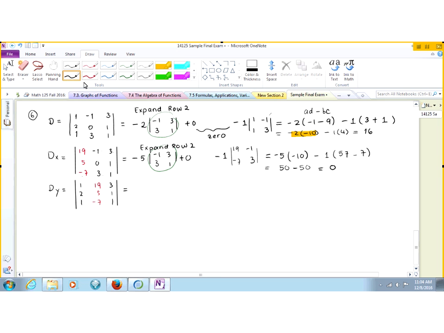Now, d sub y. For this one, we don't care which one we use. Because I don't have any 0. Which one do you want to expand? Row 2 again, we get used to it. Okay. Can you do row 1? Yes, you can. Do I have a reason to do row 2? Well, I have done row 2 for twice. Oh yeah, we haven't found the x.